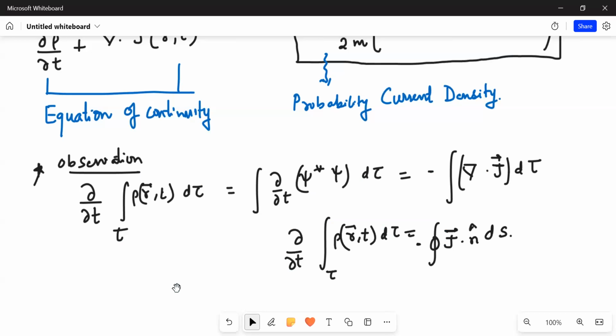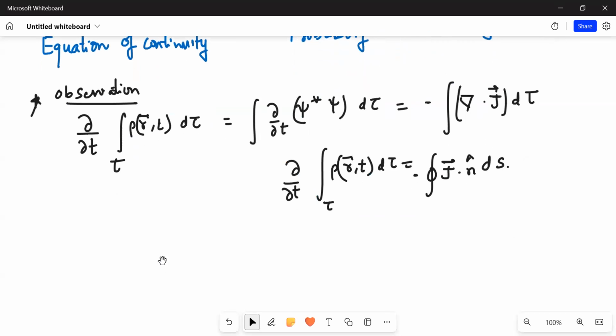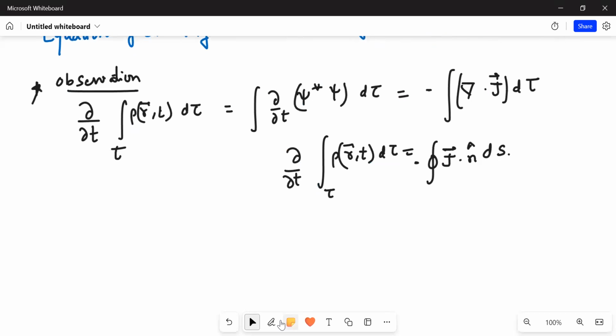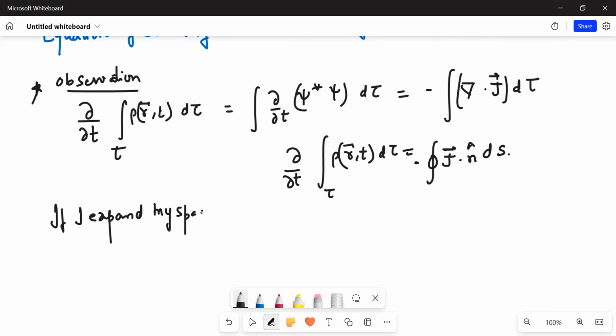Okay, this is one thing that you can keep in mind. Also, just think about one case: let's say I expand my space, or let's say I want to do this integration all over space.